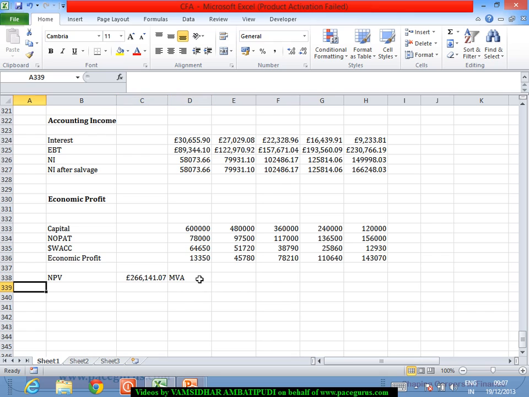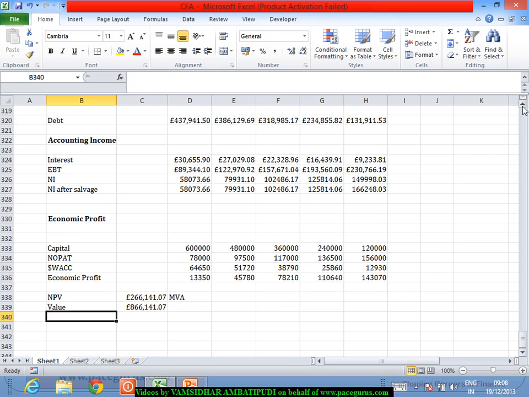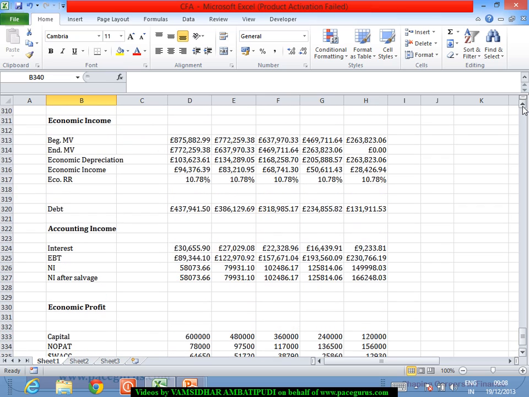So the total value of the project is nothing but this plus whatever is your initial investment, 600,000. When I work that out, it comes out to 866, which should match here.